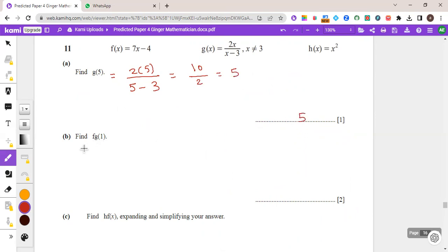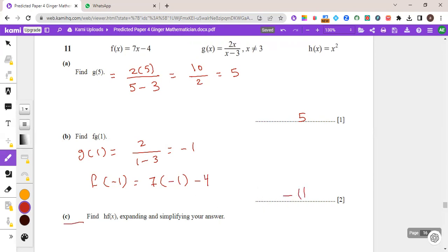Okay, now for g of 1, first of all we find it. It will be 2 over 1 minus 3, which is 2 over minus 2, negative 1. So f of negative 1. I will replace here negative 1. So 7 times negative 1 minus 4, which is negative 11. Complete.